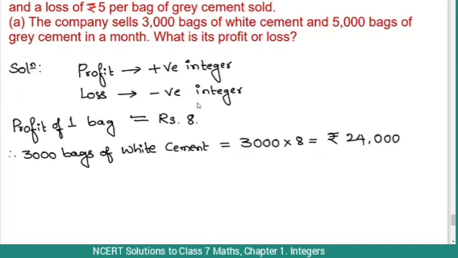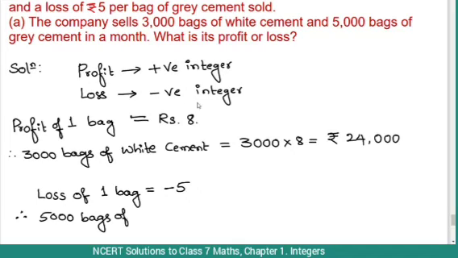And loss of 1 bag is given as 5 rupees. Then we will take it as a minus 5. So loss of 1 bag is minus 5. Therefore, for 5000 bags of grey cement, how much loss is incurred? It is 5000 into minus 5, which is equal to minus 25,000.